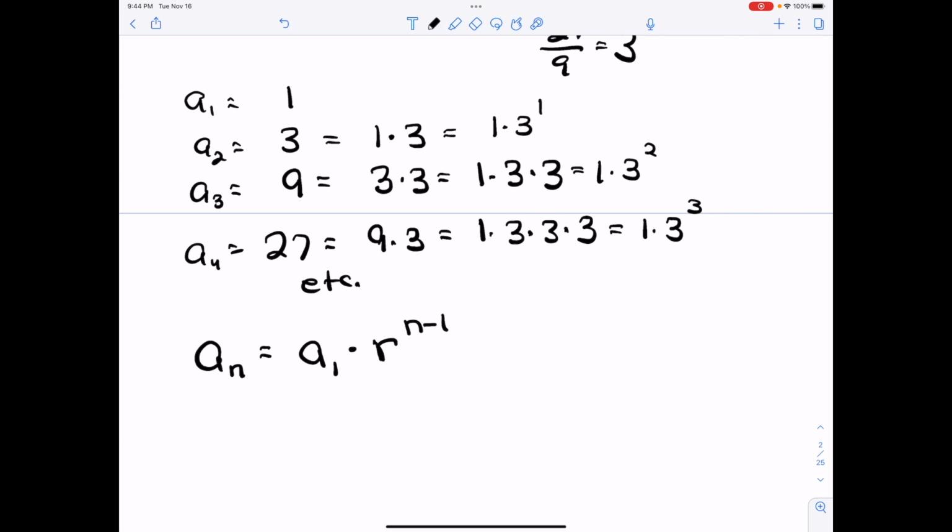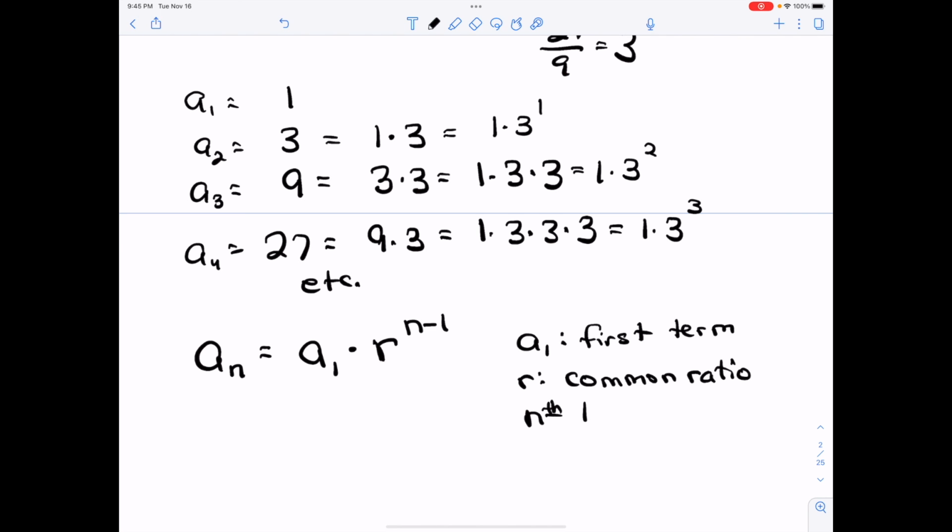So a sub 1 is that first term, r is that common ratio, and we have n for the nth term.